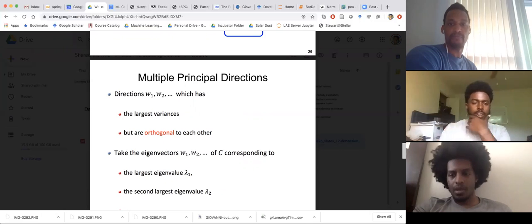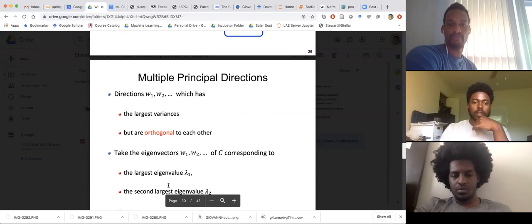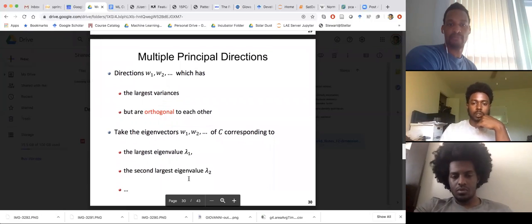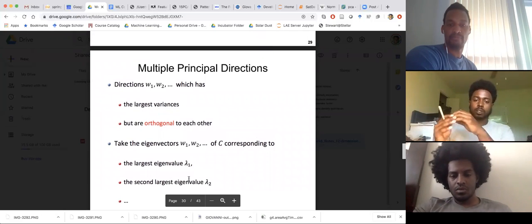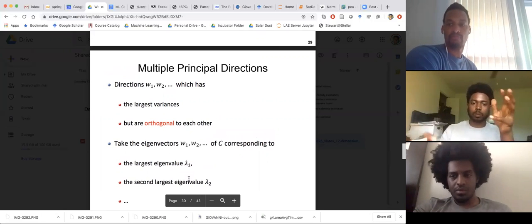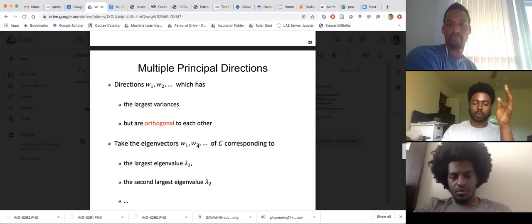Take eigenvectors W1, W2 of C, corresponding to the largest eigenvalue lambda 1, second largest eigenvalue lambda 2, and so on. So we're ordering the eigenvalues from greatest to least, and the corresponding eigenvectors map onto these W1, W2, which we call our principal components, right?